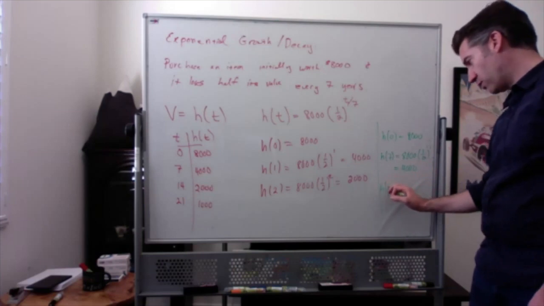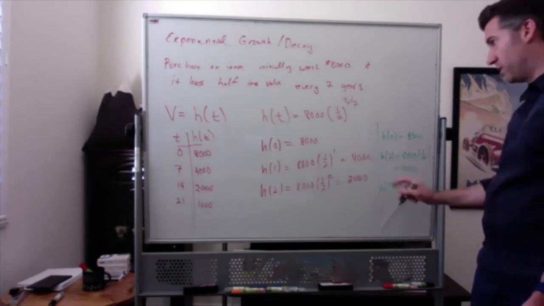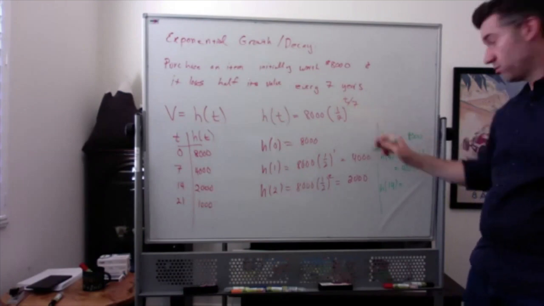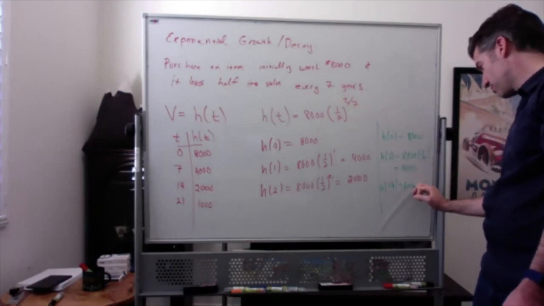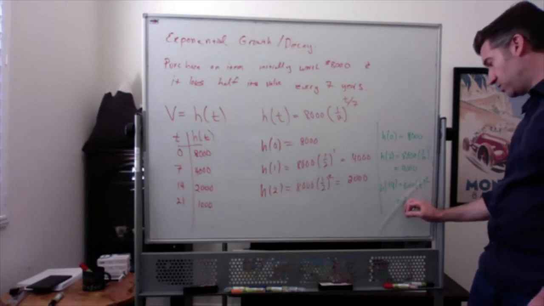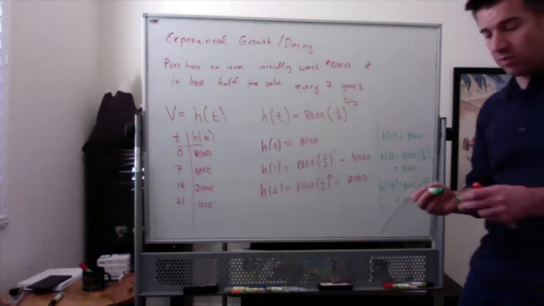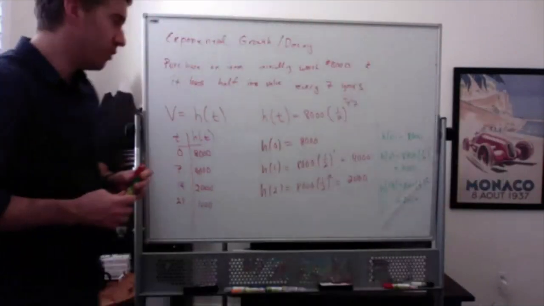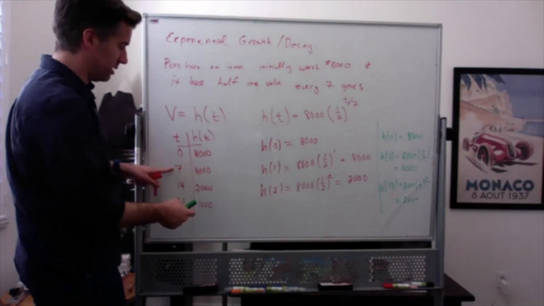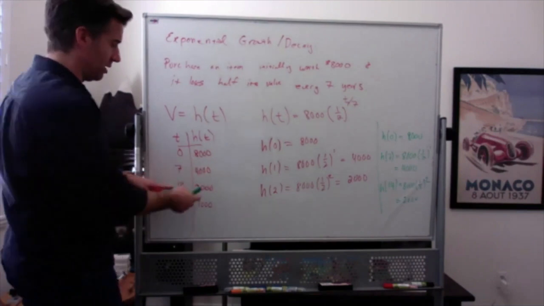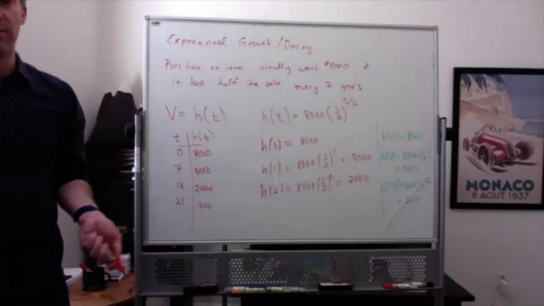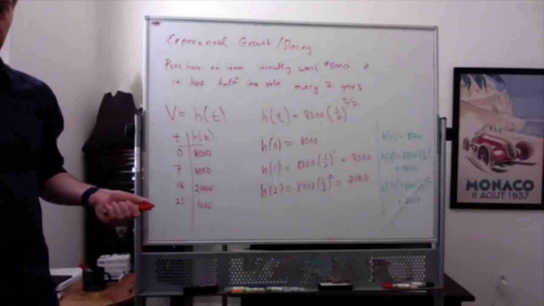And H of 14 will be 8,000 times 1/2 to the 14 divided by 7, which is 2. Which is 8,000 times 1/4, which is 2,000. So we're getting the right pairing now of inputs and outputs. When t is 0, h is 8,000, when t is 7, h is 4,000, when t is 14, h is 2,000, and so on. So that's probably the way they want you to do this problem.